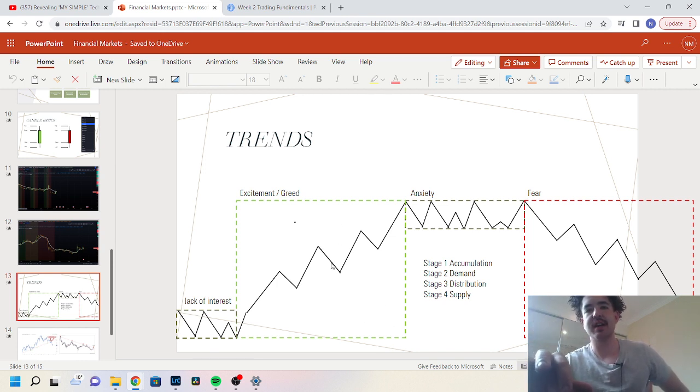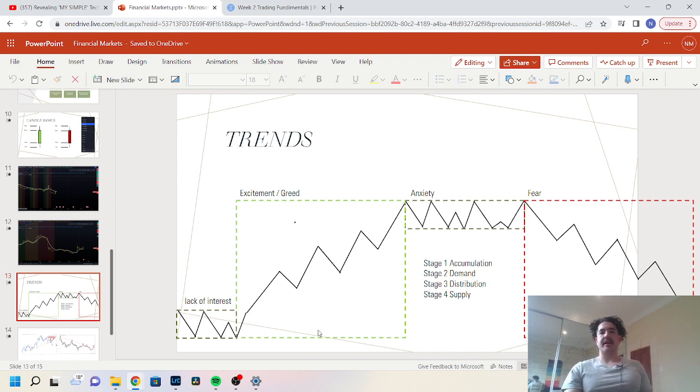Then we get into an excitement and a greed stage. So people are excited, they're making money, the market keeps pushing up. Let's go, let's go, let's go. They're getting greedy, gets to the top, then it's a bit of anxiety. Things slow down. Obviously, this is a demand stage, so demand keeps rising, rising, rising.